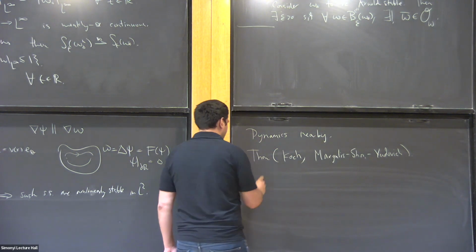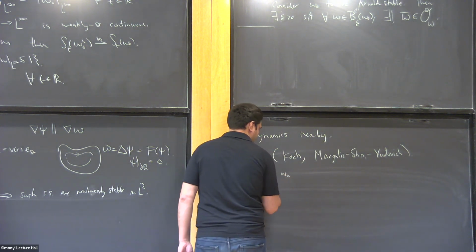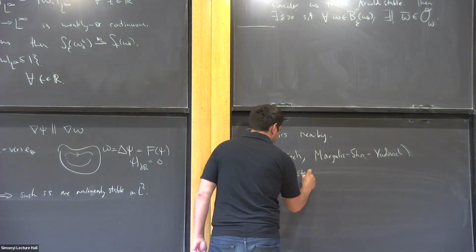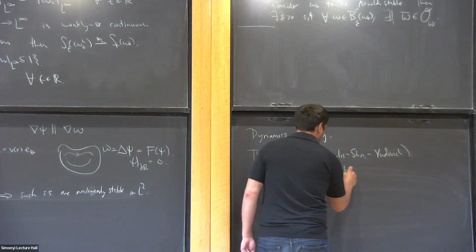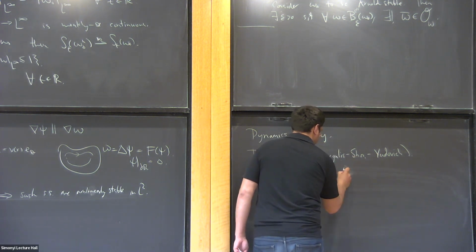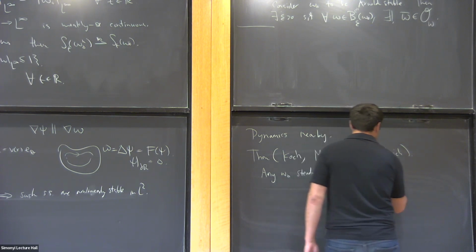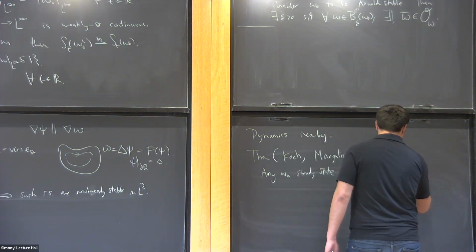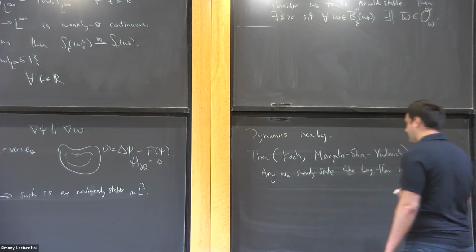which says that any omega zero steady state whose Lagrangian flow is not time periodic. This is what I called in my last talk a fluid clock.